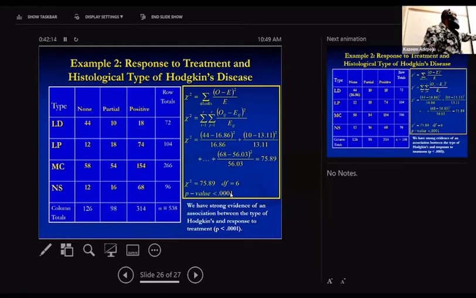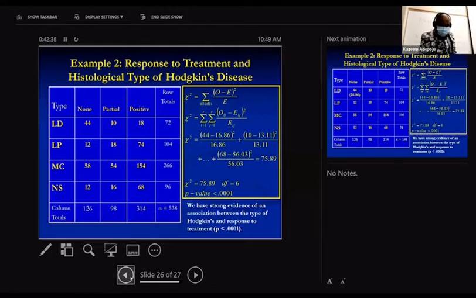But look at the p-value now. When the p-value is very, very small compared to the level of significance, it means you're basically going to reject the null hypothesis. Rejecting the null hypothesis, what does that tell you? It's trying to say there is a relationship between response to treatment by patient and the type of disease.